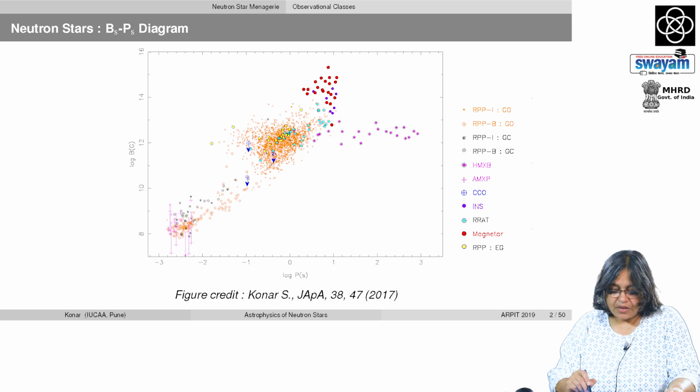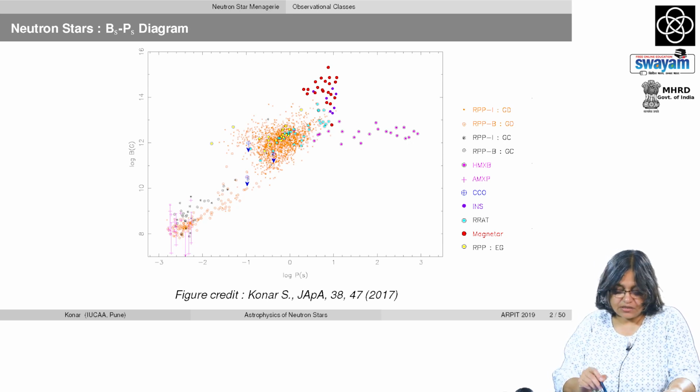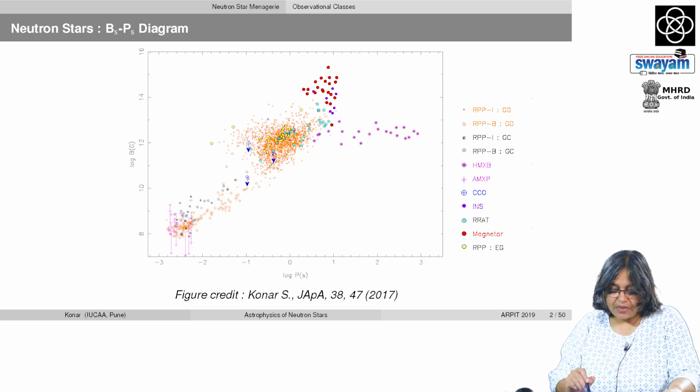The symbol legend GD means these are in the galactic disk, whereas the black ones are in the globular clusters associated with our galaxy. Amongst these, the dots correspond to isolated pulsars and the circles correspond to pulsars with a binary companion.